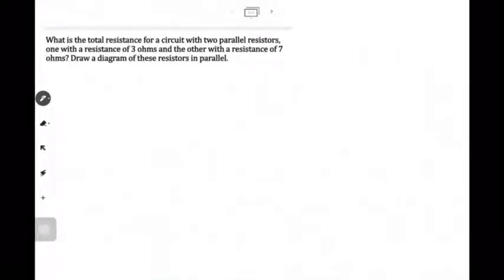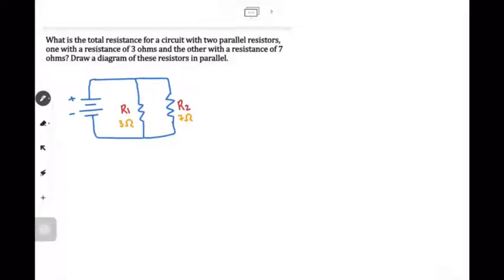What is the total resistance for a circuit with two parallel resistors, one with a resistance of 3 ohms and the other with a resistance of 7 ohms? Draw a diagram of these resistors in parallel. So at first we will have to draw a diagram of these resistors in parallel. R_1 is 3 ohms and R_2 is 7 ohms.